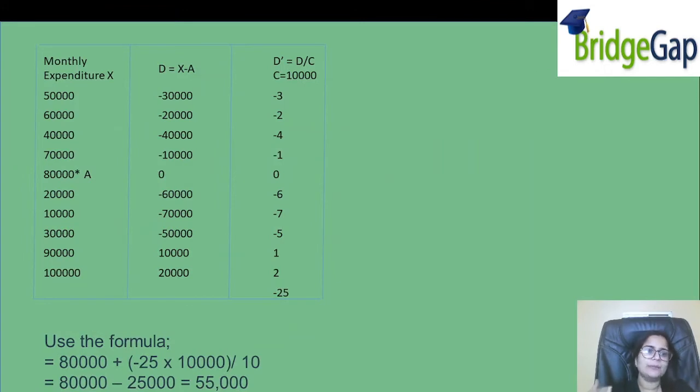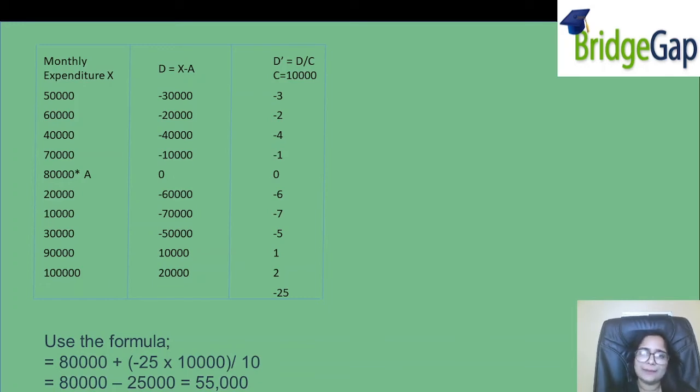We are given the monthly expenditure and we have to assume any of it as our mean. Suppose we assume 80,000 to be our mean. Here the common factor will be 10,000. When we have huge numbers, in order to simplify a bit, it won't make a difference in the answer, because we are simply dividing in d dash and then multiplying it back in the formula.